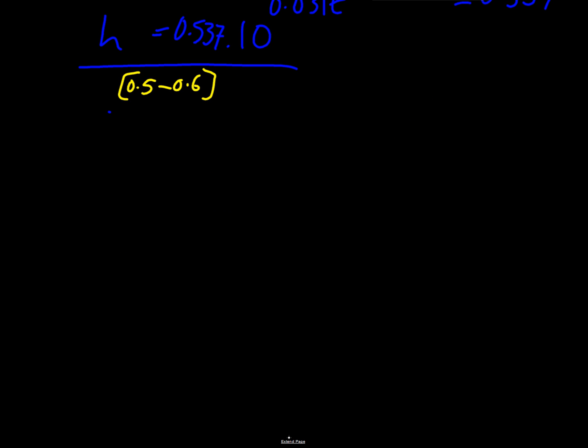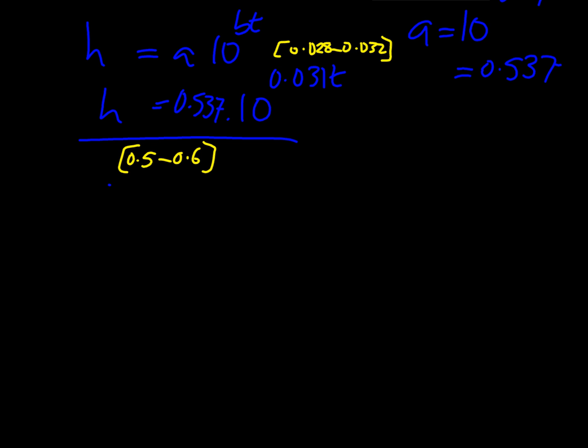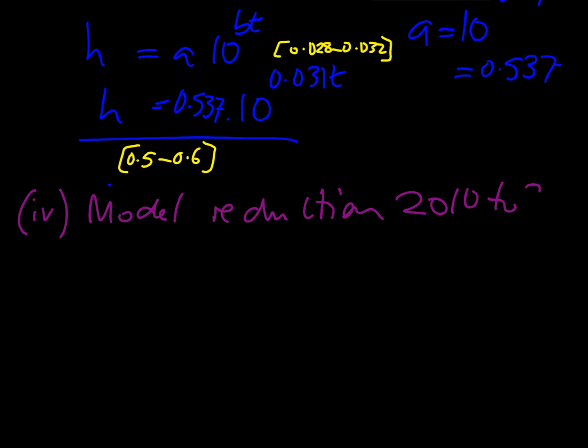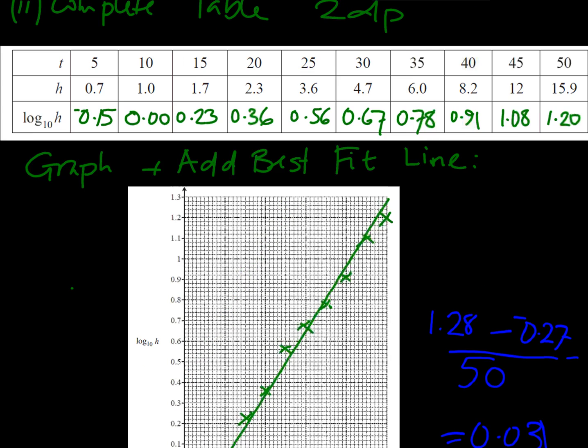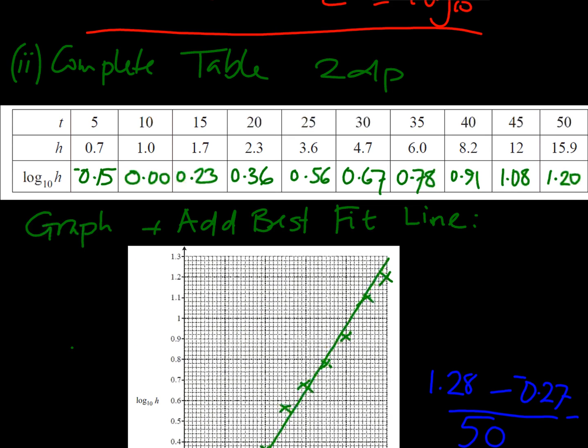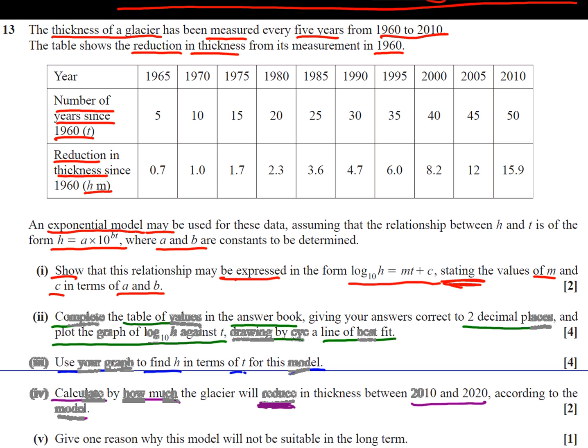Let's do that. So we can still see our formula at the top here. This is 4. So we're looking for the model reduction from 2010 to 2020. Let's check looking at our graphs, going right to the top so we can see it, that's from t equals 50 to t equals 60.